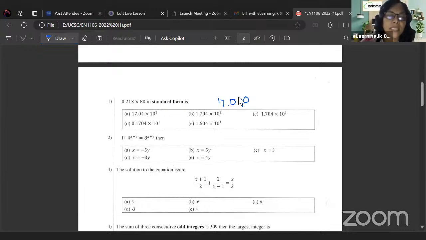If it is in standard form, you should write it as a number between 1 and 10. It should be greater than or equal to 1 and less than 10.